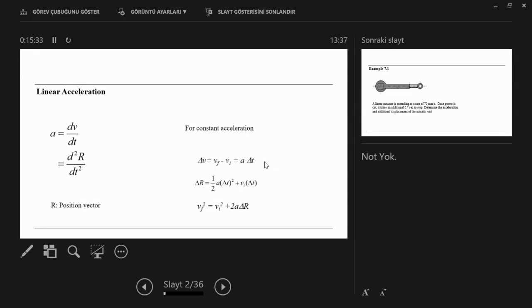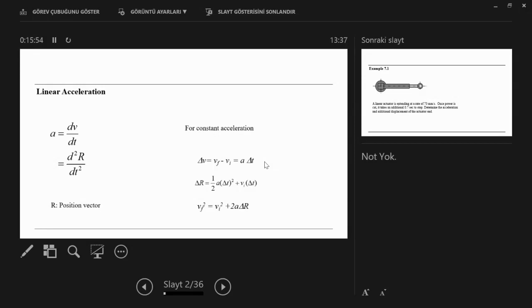You know how we write these equations. We derive them, we learn them in kinematics. These are normal Newton motions, right?